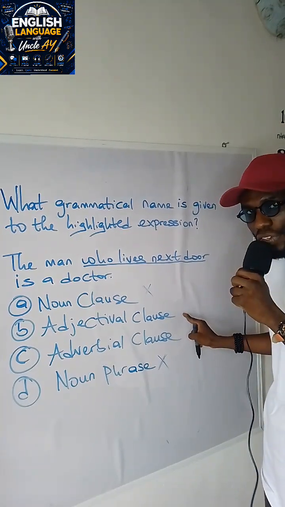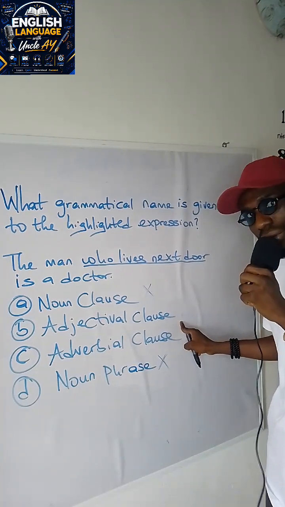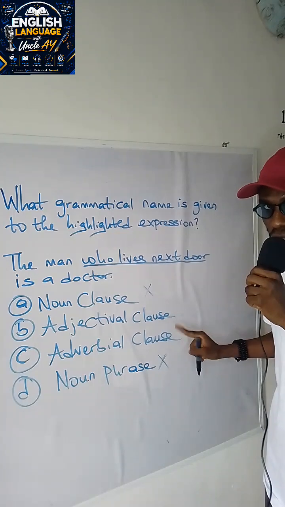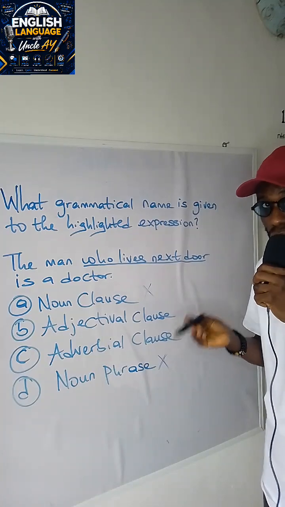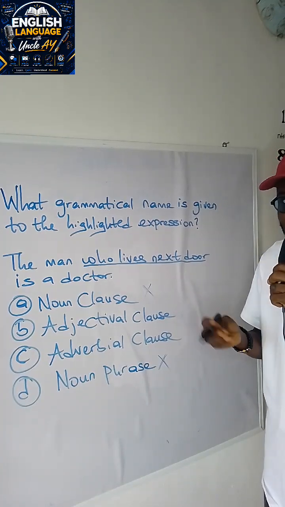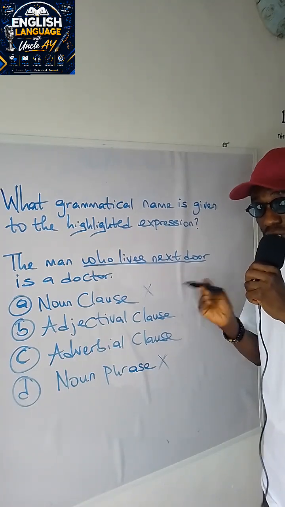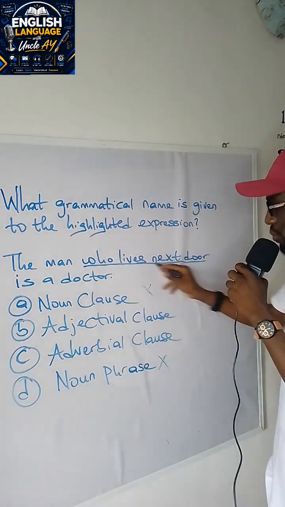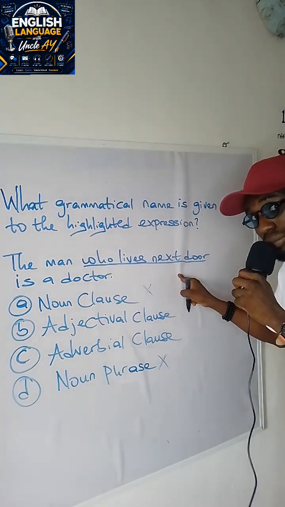An adjectival clause here is a clause that qualifies a noun or a pronoun. An adjectival clause is one that is popularly introduced by subordinating conjunctions or a relative pronoun such as who, whose, which, that, and so on. So if you look at the build up, you find that there's a relative pronoun here, or a subordinating conjunction, introducing the expression.